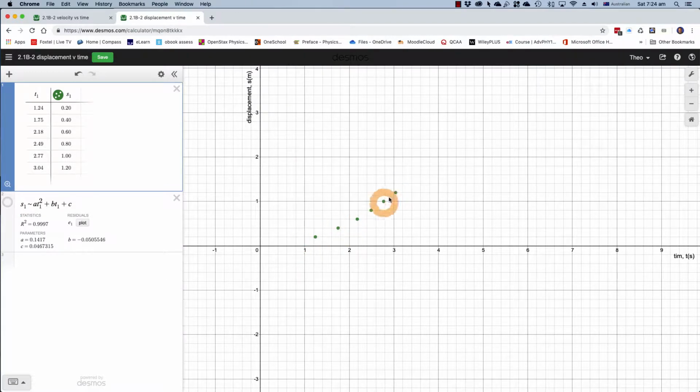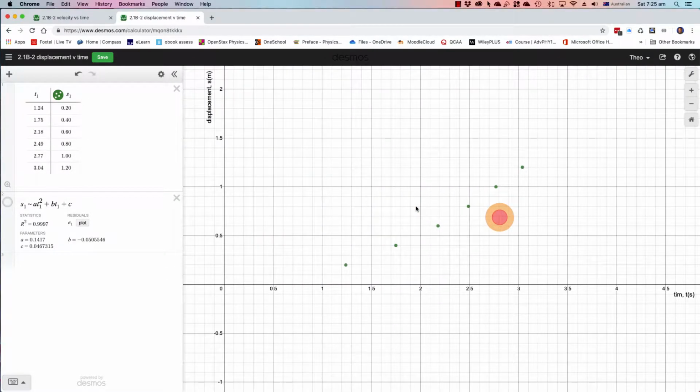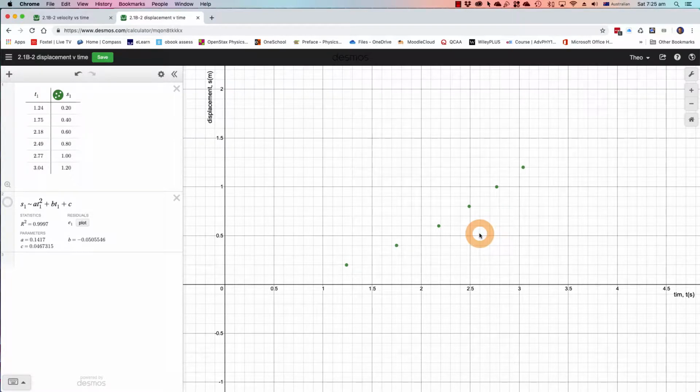and I'm going to guess that because there's a slight curved nature in my points, this is going to be a quadratic fit. So I'm going to use my quadratic equation formula, with a little tilde sign here instead of an equal sign, and that will plot a line of best fit for this data.